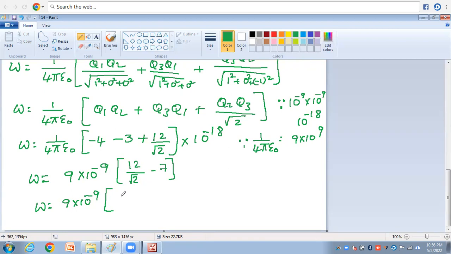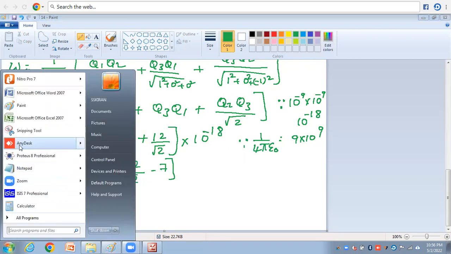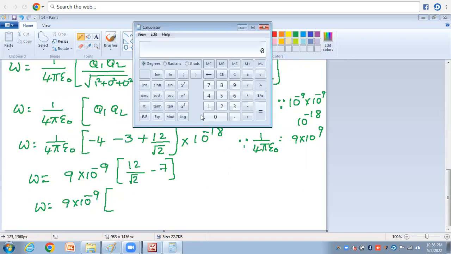Doing some mathematical part, this root 2, better take a calculator. This 12 divided by root 2.